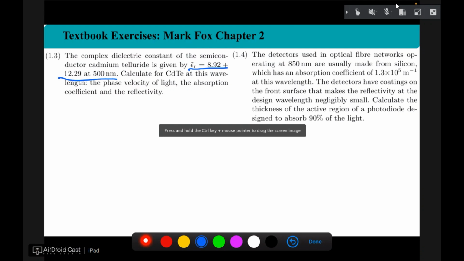So we have to calculate for cadmium telluride at this wavelength the phase velocity, absorption coefficient, and the reflectivity.